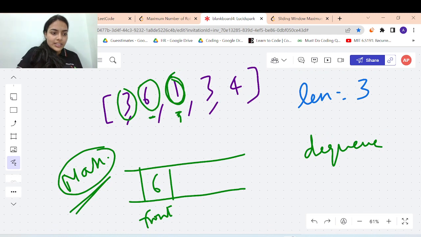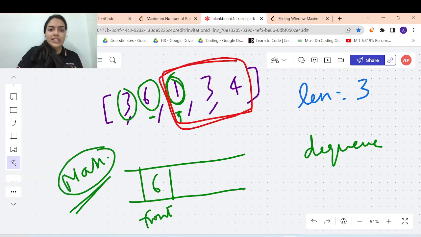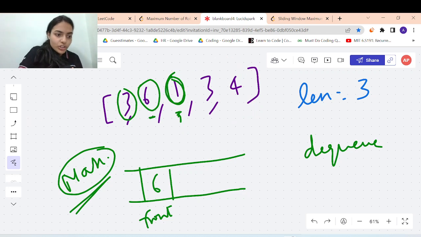But consider future subarrays. It is possible that 6 is not even there, because I need to see all the subarrays. So in the future subarrays, if I don't have 6, maybe 1 can be my answer. So I cannot just ignore 1, and for the future subarrays, I should also store 1.